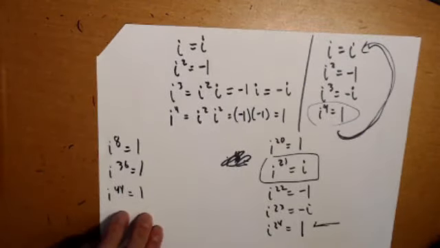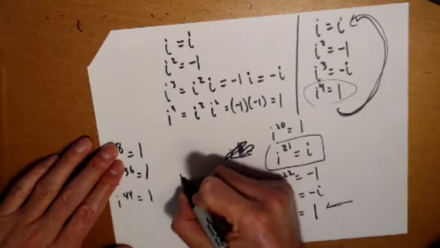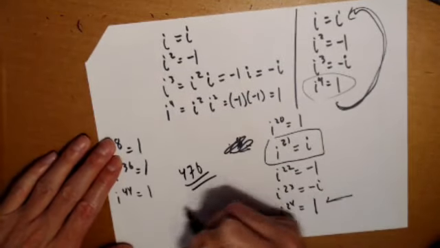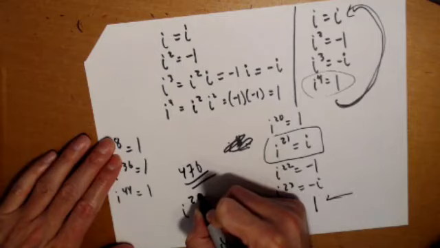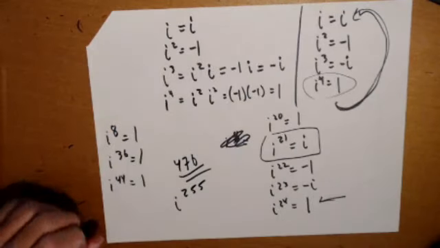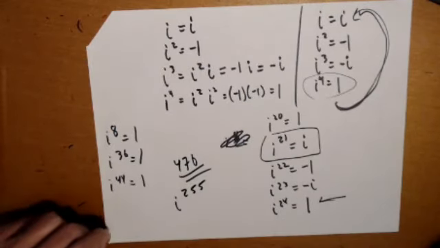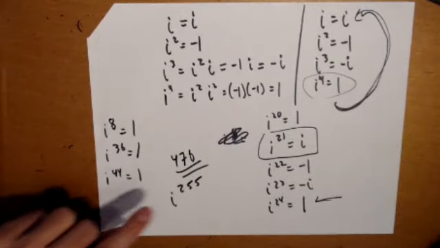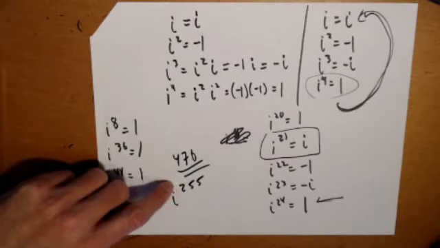So let's just do number 476, and then you can handle it on your own. They say i to the 255. Okay, 255. 4 always goes into 100, so 4 goes into 200.